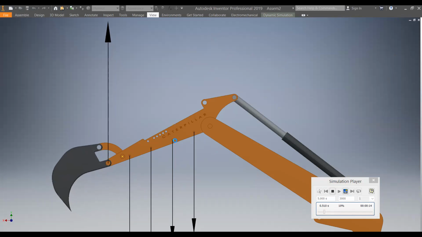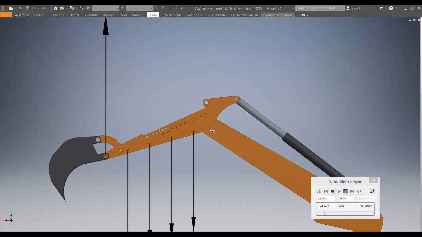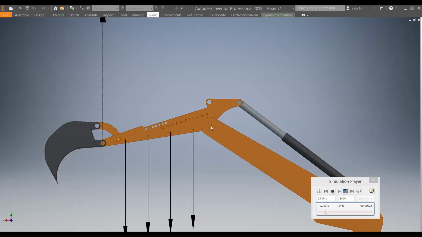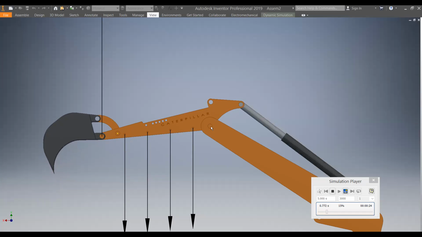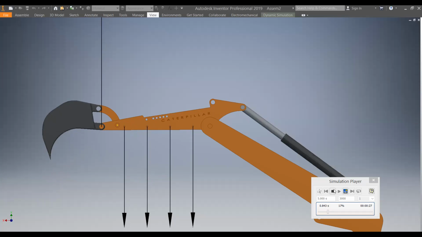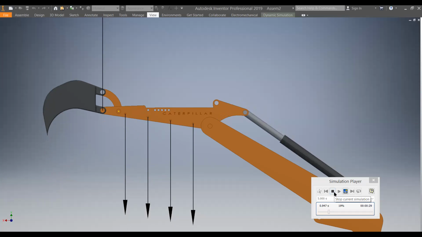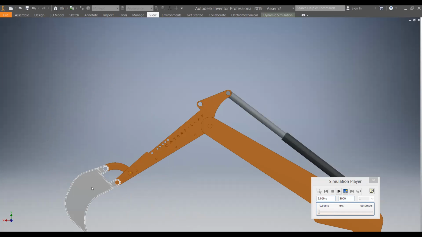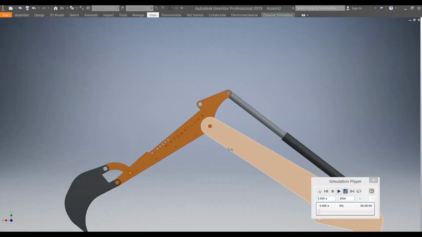So the whole arm is rotating about this point. You can use engineering mechanics for most of the practical problems. If you understand the practical application of this subject, then you can understand engineering mechanics.